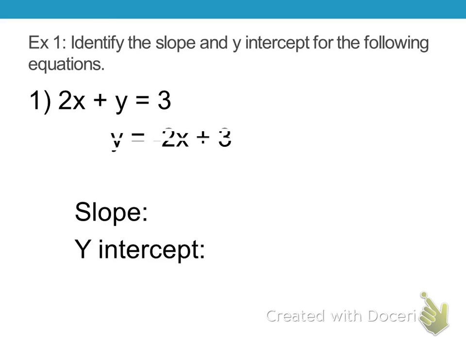Yeah, subtract 2x from both sides. So y equals negative 2x plus 3. Now it's in slope-intercept form. What is the slope? Negative 2. What is the y-intercept? 3. So we write it as an ordered pair, 0, 3. What are your questions?